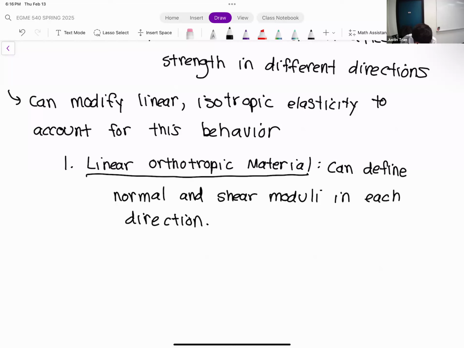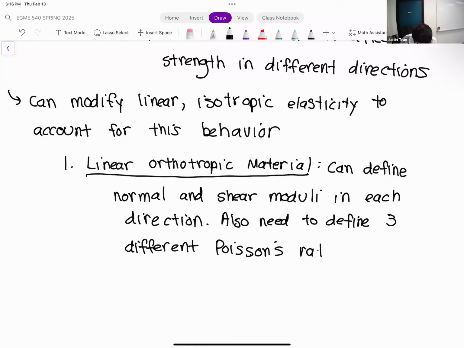You also have to define 3 different Poisson's ratios here as well. That's 3 normal moduli, 3 shear moduli, 3 Poisson's ratios. So in total, you need to define 9 different material properties for a linear orthotropic material.